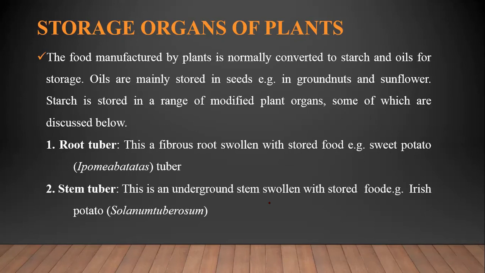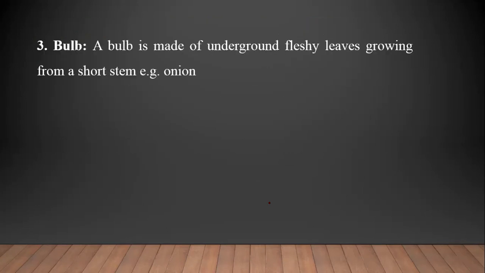Okay. Then we also have the stem tubers. In Zambia here we have the misale from Nakambala sugar there. That is an example of the stem tuber. We eat those misales because they are nice. Okay. Then we can also talk about the bulb, like for onion, right? That is a way in which plants store their own food.